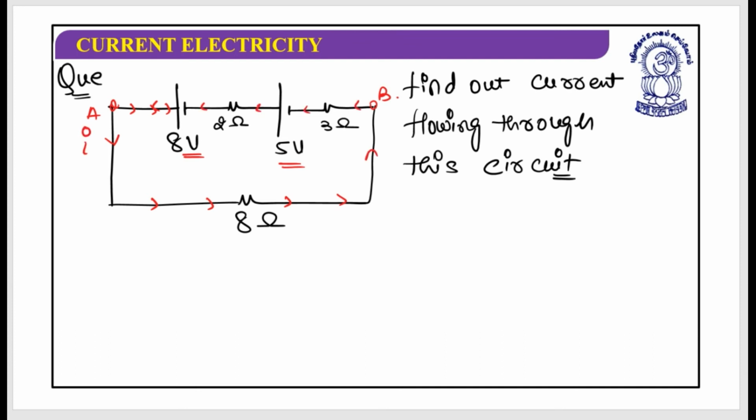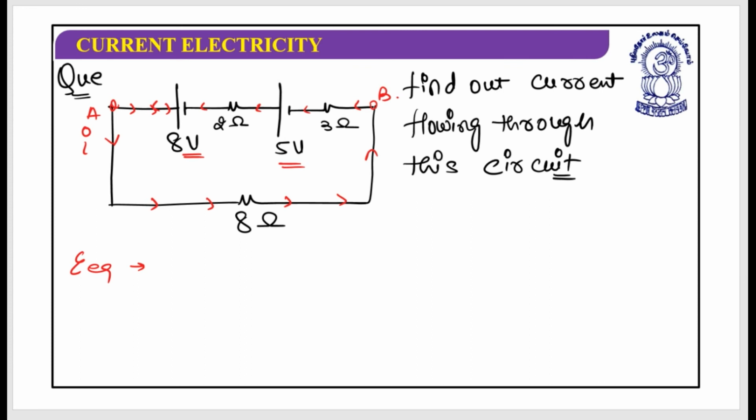Let's suppose this is current I, the same current I is flowing through this. When current is the same through both the cells, they must be in series. And if they are in series, first find the E equivalent.